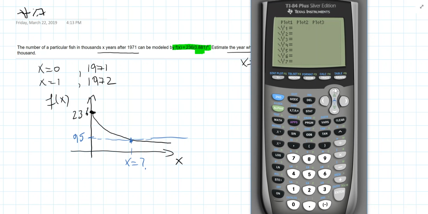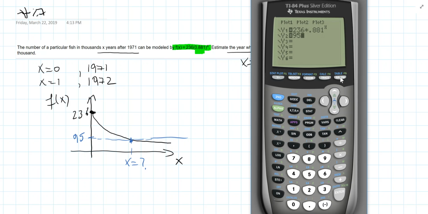And in y, I'm going to put these two functions, the exponential decay function: 236 times 0.881 to the power x. And x is right here. And then for the second function, I want to put the horizontal line. The horizontal line is just a linear function, a constant function. y equals whatever value you have. y equals 95.